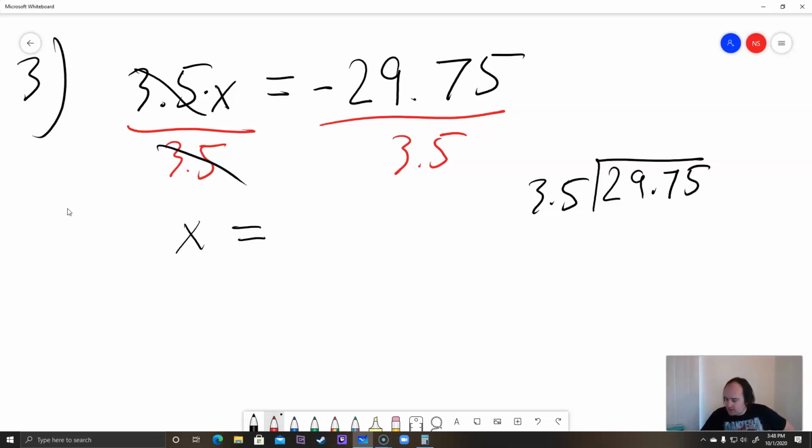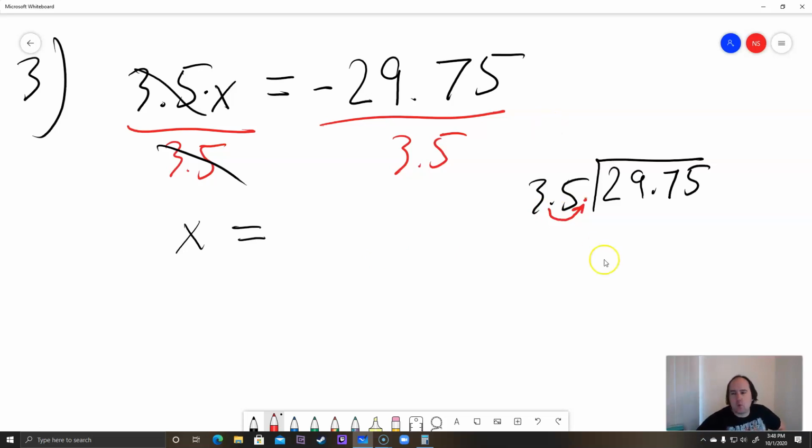So the way it works is this number that you're dividing by is called the divisor. And for the divisor, you have to move your decimal all the way to the right. And then you have to count how many places you moved it to the right and move this decimal the same number of places to the right. Okay? So this 3.5, I need to move this decimal all the way to the right, and I count how many places I moved it.